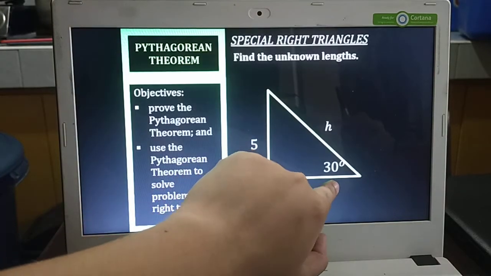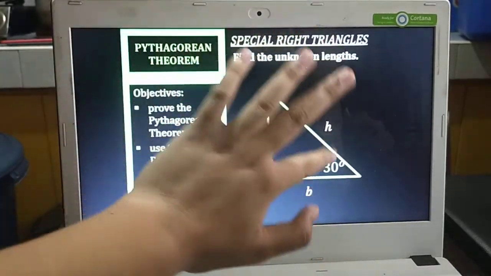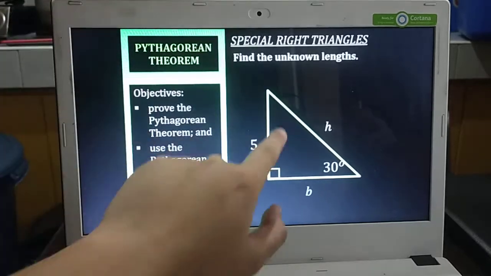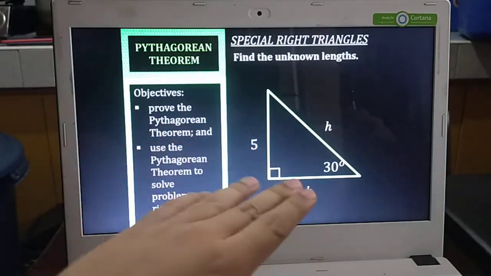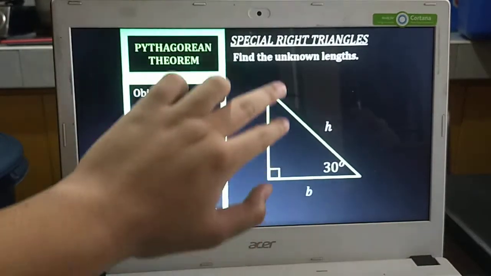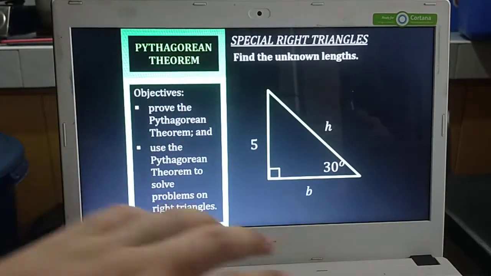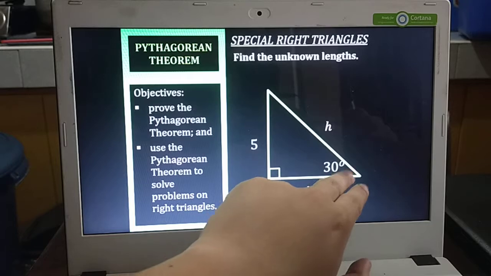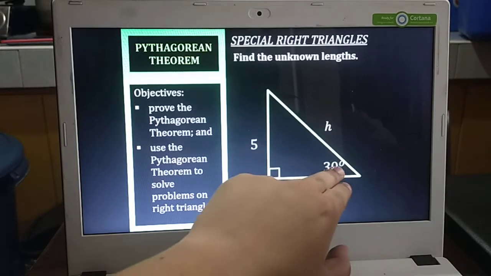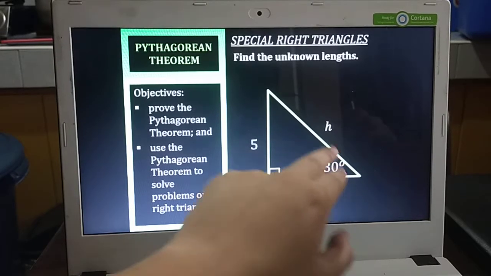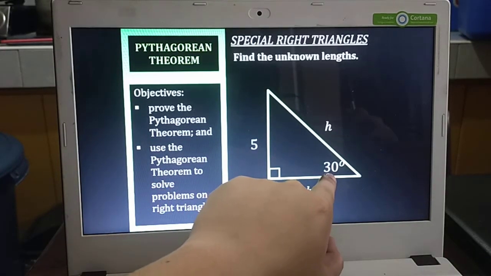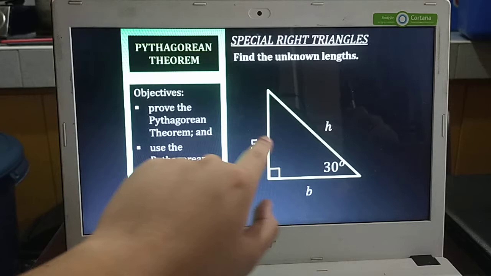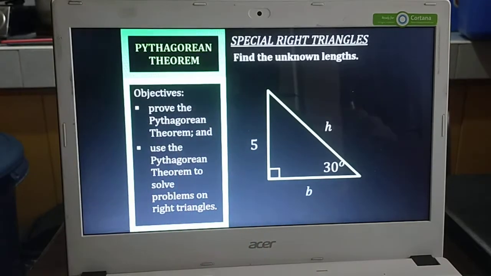So, kung 30-degree yan, the sum of all angles must be 180. So, this will be 60 degrees. Okay, so alam na natin na 60 degrees siya. So, this is our figure. This is our 30-degree angle. And the opposite side of this angle will be the shortest side. Kasi ito yung shortest angle natin sa tatlo. So, 5 is our shortest side.